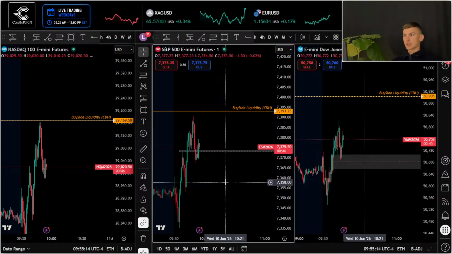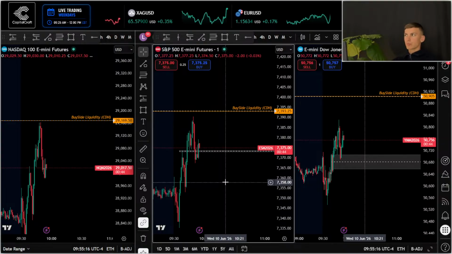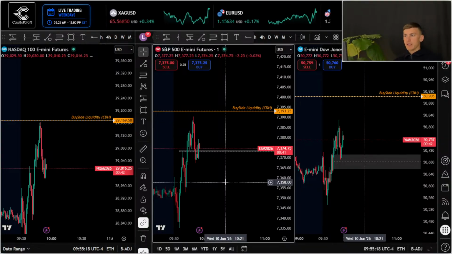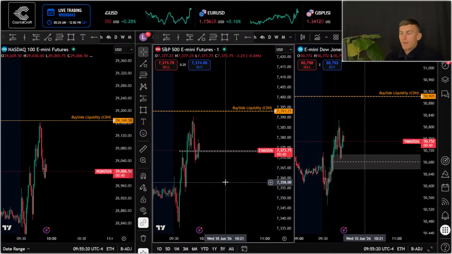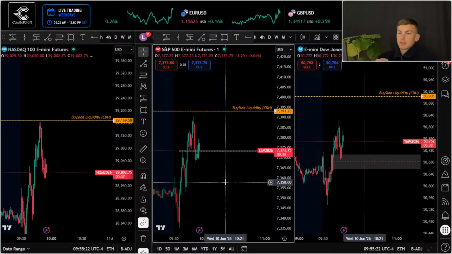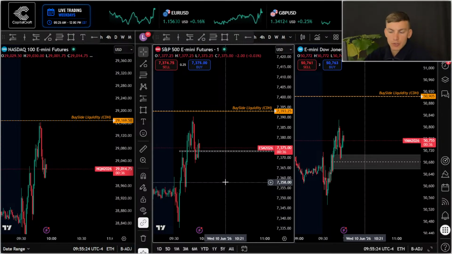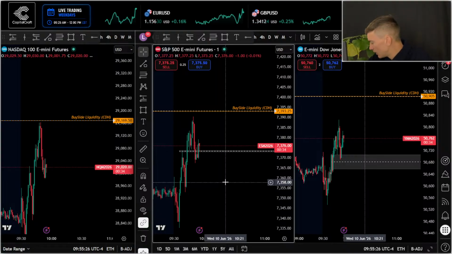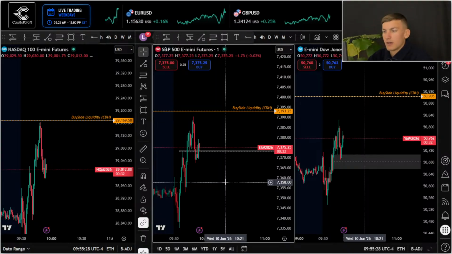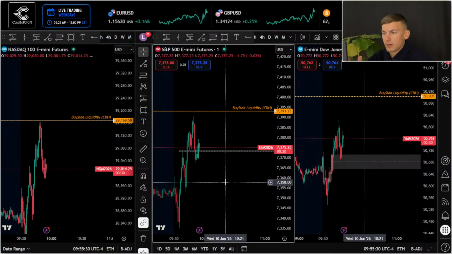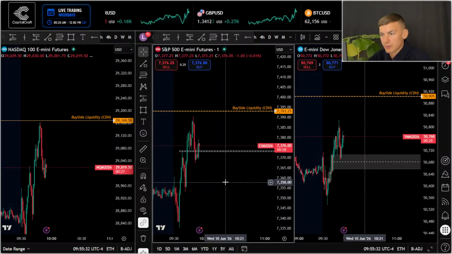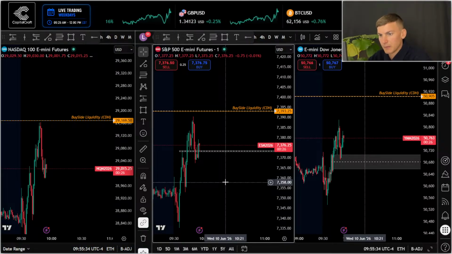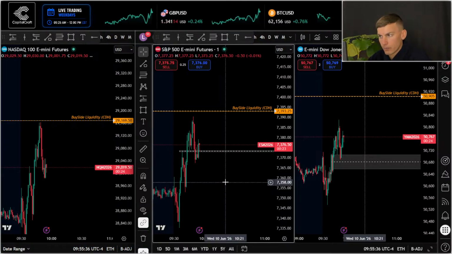It essentially just tells me that smart money is in the marketplace, that there are institutional sponsors. There's no institutional sponsorship in this particular move right now.